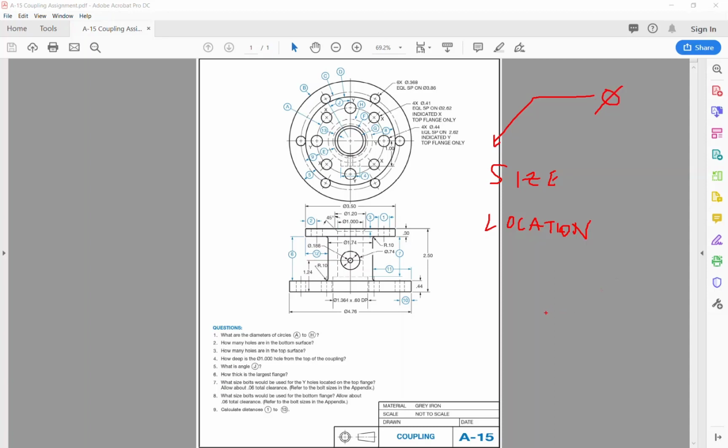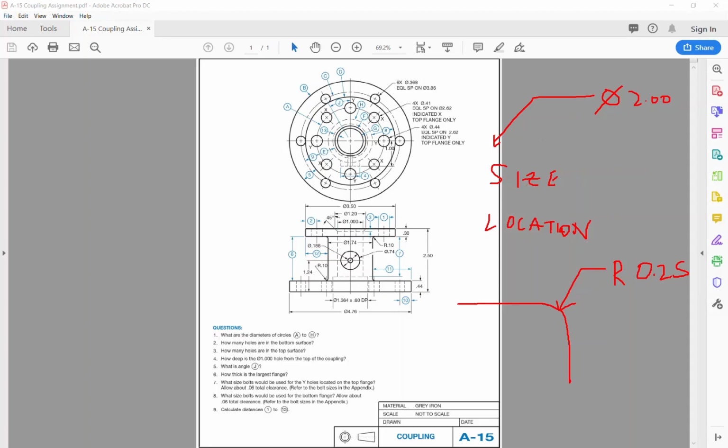If something is a partial arc, so if I had some kind of a component like this that had a radius or a fillet, a partial arc is specified with the prefix R to indicate radius and then the size. So this could be a radius of 0.25, and this diameter symbol could be pointing to a diameter that is, say, 2.00 inches.